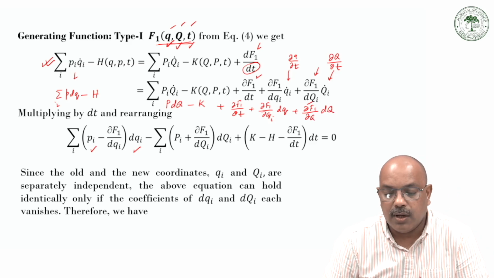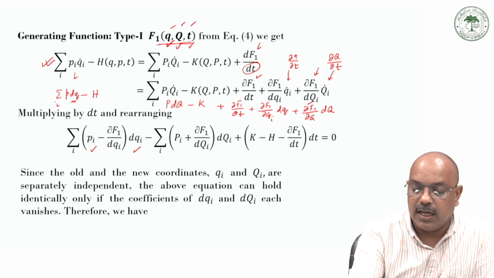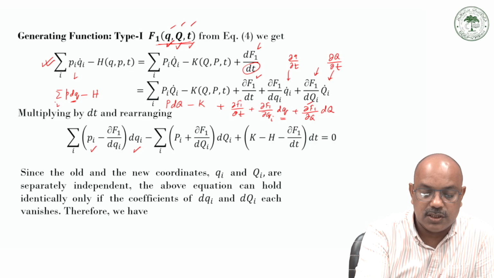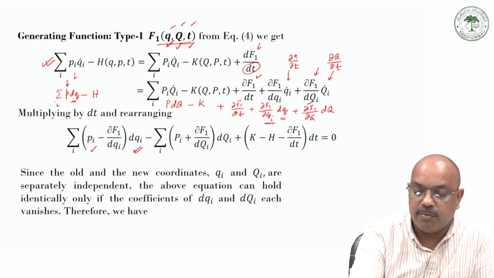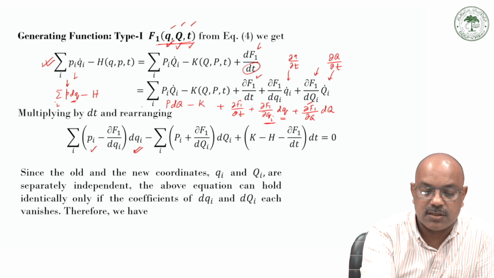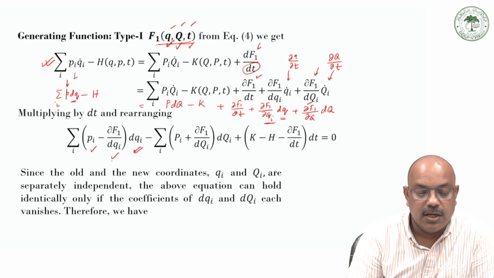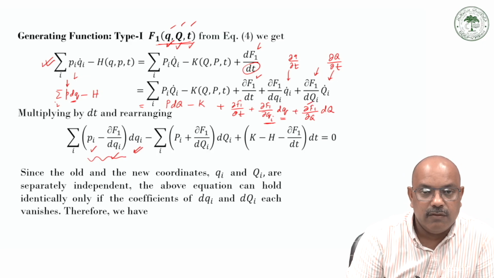Okay, so now we are trying to find what is the coefficient of a small dq. So if I take this together, this is a small dq, that is pi with this, and this is delta f upon delta qi, but because this is on the right hand side, if you go to this side, this becomes minus. So I have one term, that is pi minus delta f upon delta qi.